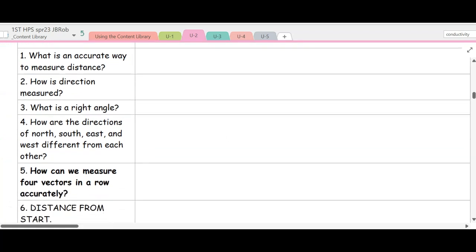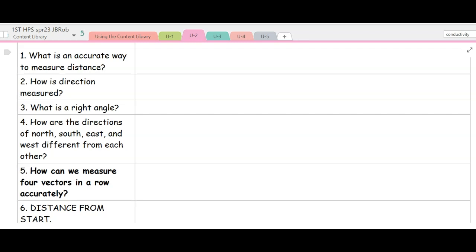What is an accurate way to measure distance? Were you able to do that accurately with a meter stick? Write down, were you able to do that with your meter stick, or did you have trouble? The amount of your resultant will tell. So if you had a resultant fairly near 3 outside, then that means you did a good job measuring outside.